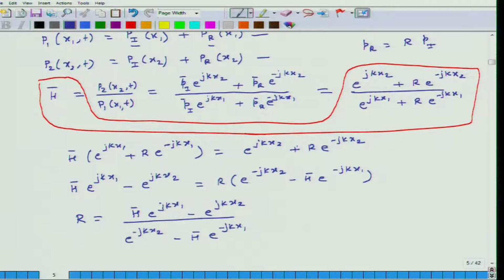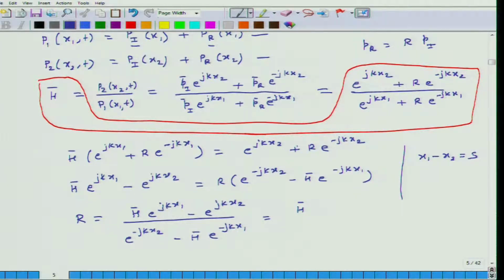Okay. So the next thing is that I divide this numerator by e to the power of jkx1 and also the denominator by e^(jkx1). So what do I get? I get H bar, and remember x1 minus x2 is equal to s.